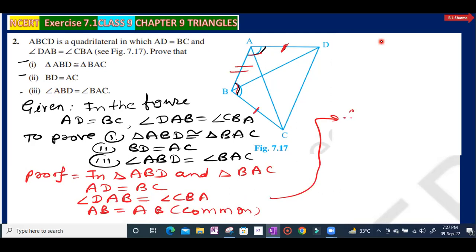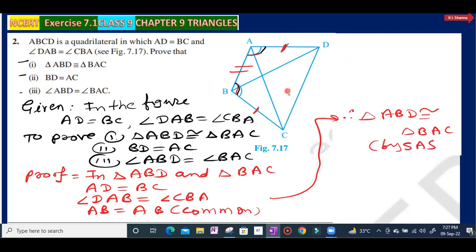Therefore we can write, therefore triangle ABD is congruent to triangle BAC by the rule. By which rule? Side angle side.